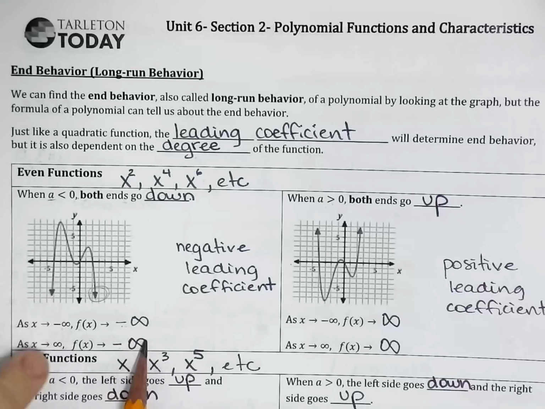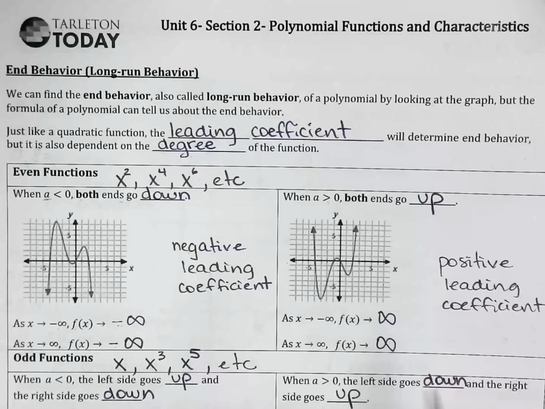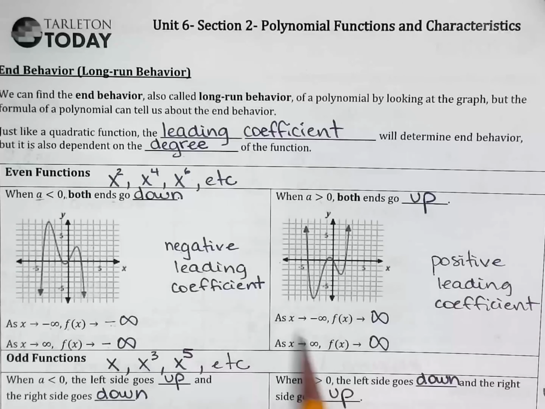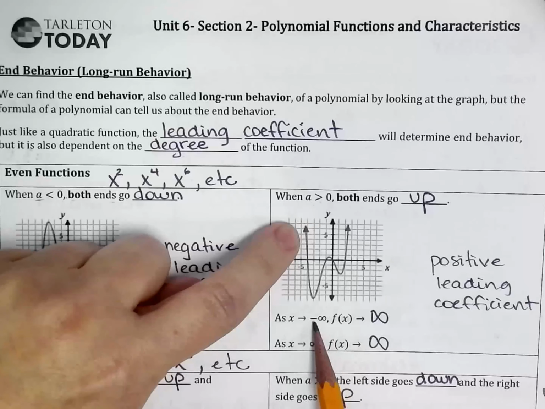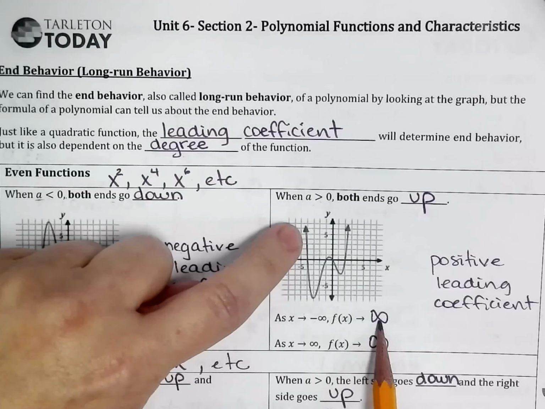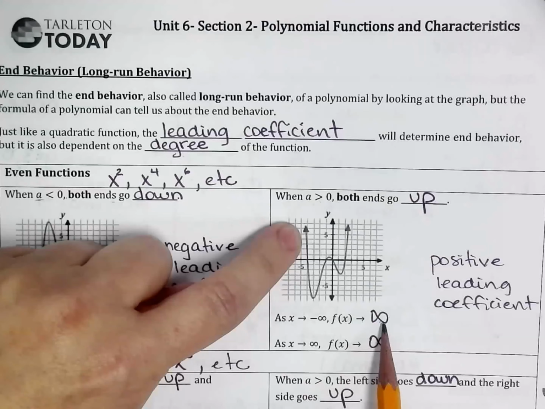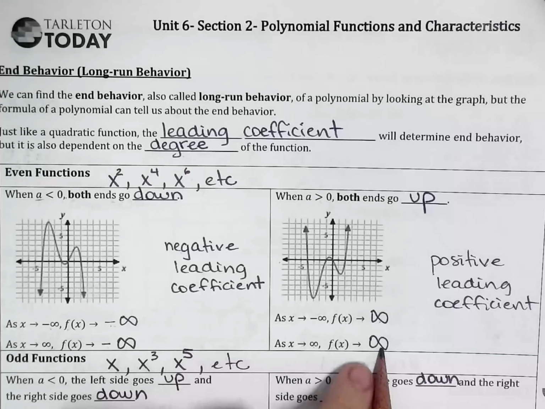So they both go down. Now, when the leading coefficient is positive, as x approaches -infinity, we're looking at this guy, then f of x approaches positive infinity. So y is going up toward positive infinity. As x approaches positive infinity, then f of x also approaches positive infinity.